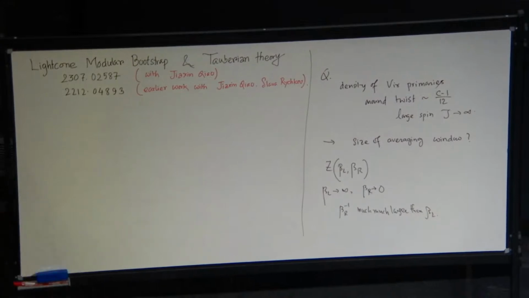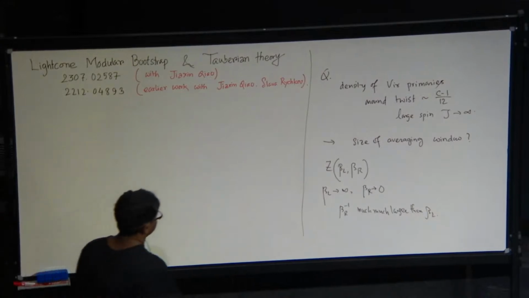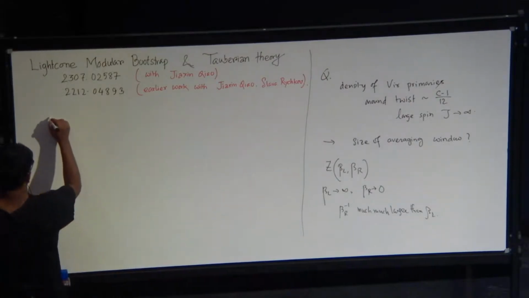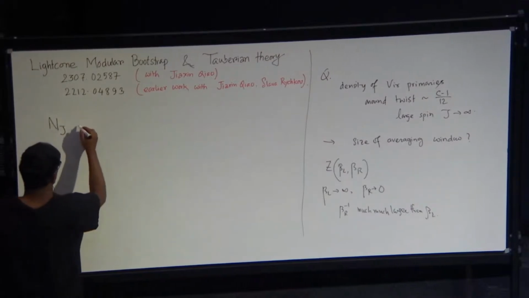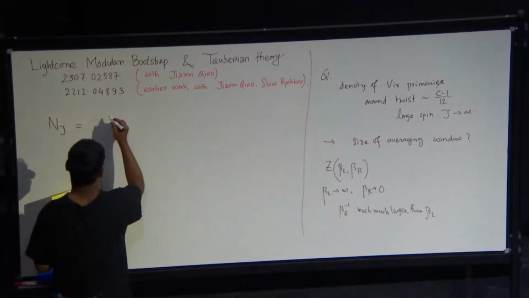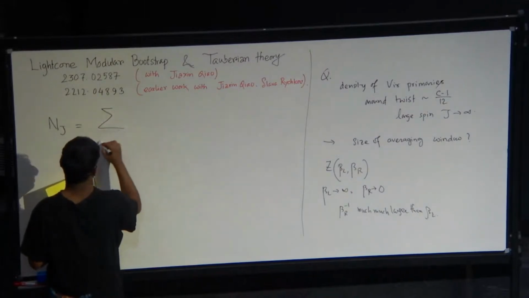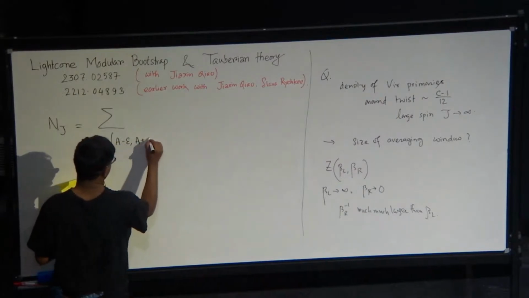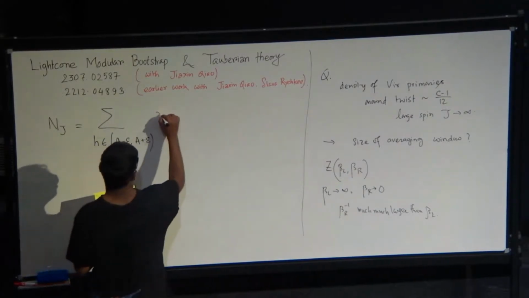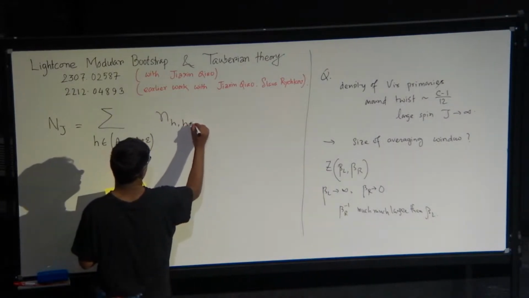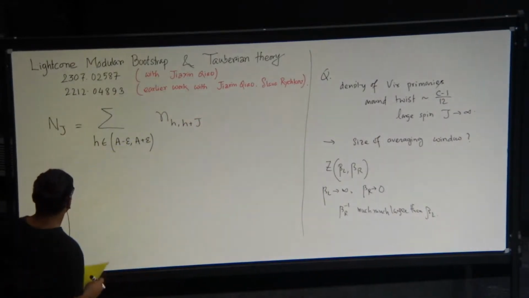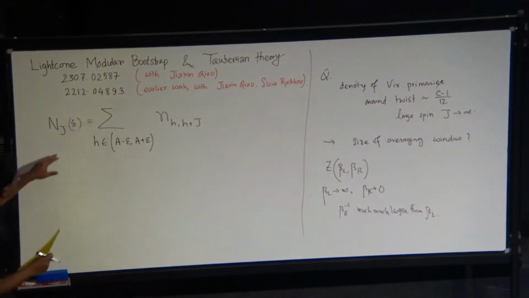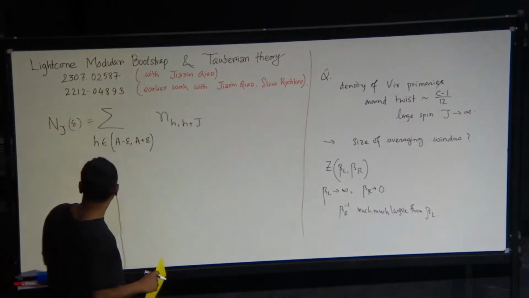Okay, for the statement of the theorem, as I was saying, we want to estimate the number of operators in J inside some interval, A minus epsilon, A plus epsilon, where you have h plus J. So we want to estimate the number of operators inside this window as J goes to infinity.